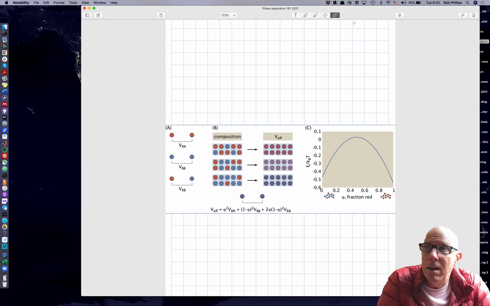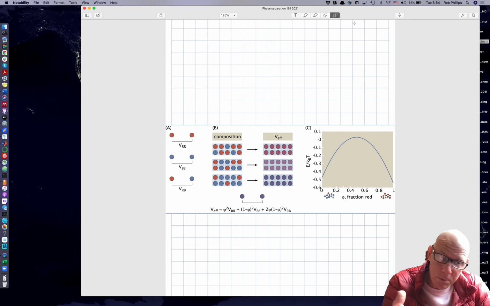And what I'm showing you in this diagram is what's known as mean field theory. It doesn't matter what it's called. It's kind of what I think you might do yourself, which is instead of calculating all the red-red interactions, all the blue-blue interactions, and all the red-blue interactions, what we do instead is we say, well, I'm going to imagine an effective interaction where the fraction of the interactions that are red-red is given by phi squared, because the probability of finding two reds next to each other is phi.